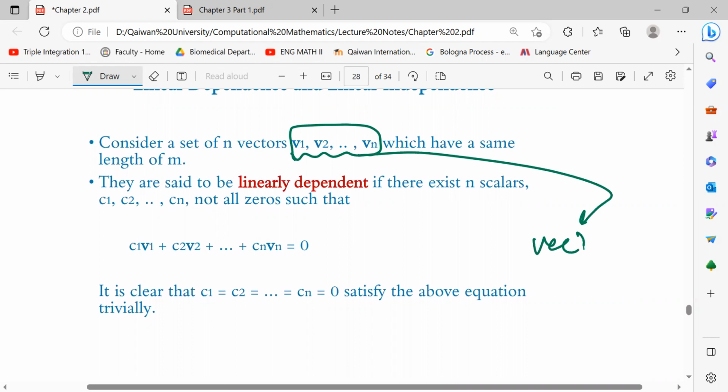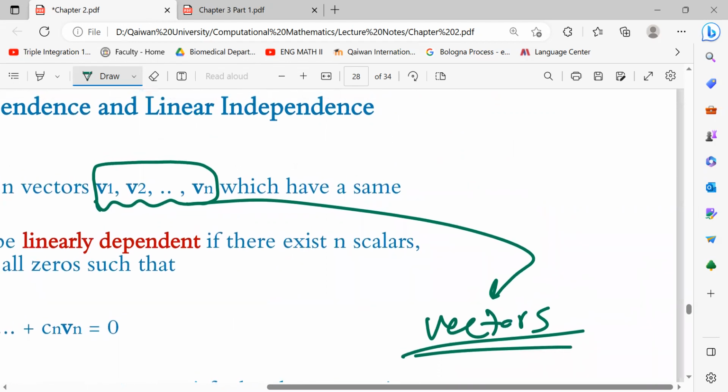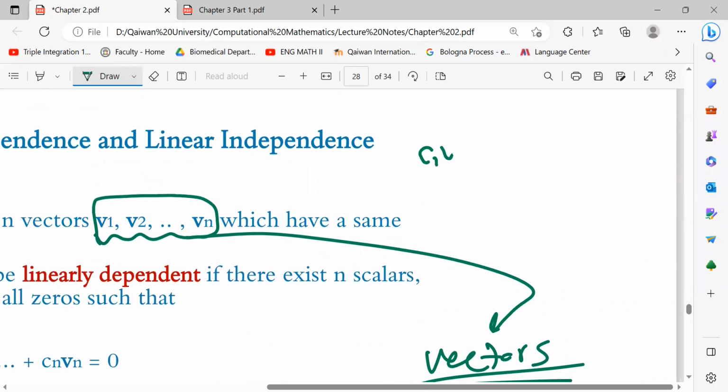We say if you have v1, v2 up to vn, if these are vectors, we say these vectors are linearly dependent if we could write c1 v1 plus c2 v2 plus up to cn vn equal to 0. That means we find a value multiplying v1 and a value multiplying v2 up to vn, and the result must be 0.